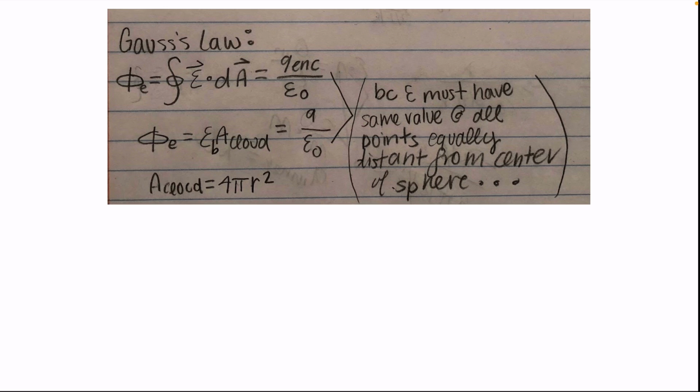And you can see at that point we have all the information we need to solve. The only thing is, because we're using a sphere, we're going to use the surface area of a sphere for the area of our cloud, which is just 4 pi r squared. But once we do that, we can solve.